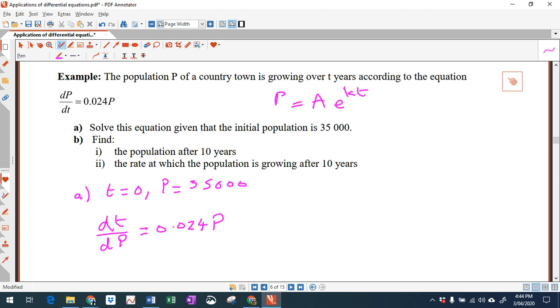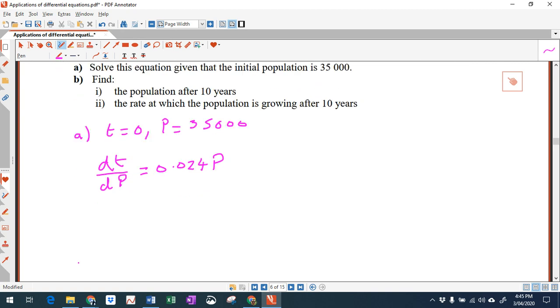Once we've done that, we can separate the variables: dt equals 1 over 0.024P dP, and then let's integrate.